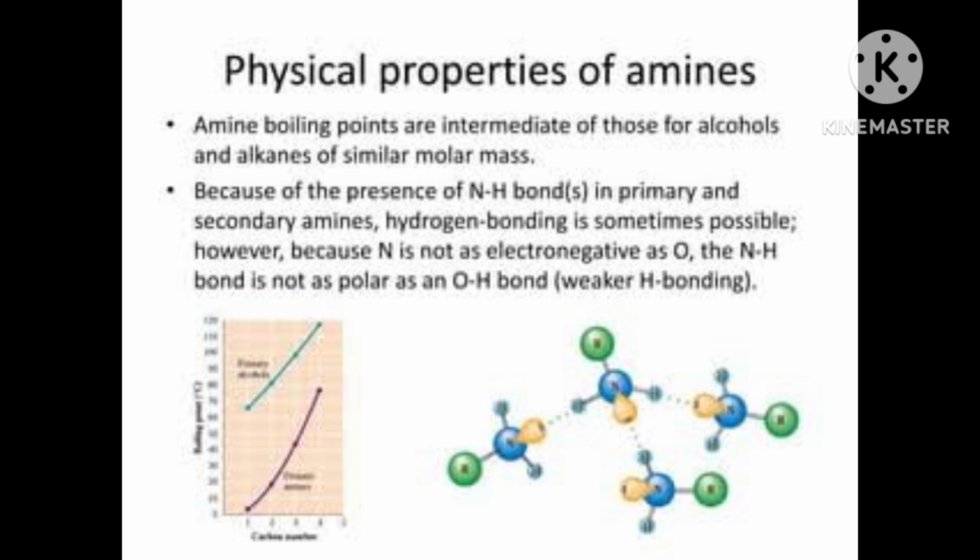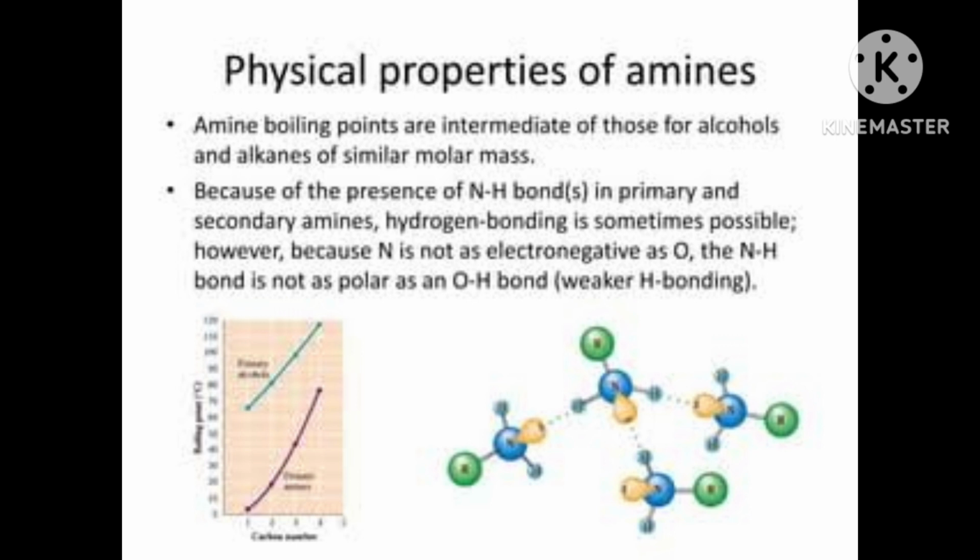The phenyl group has 6 carbons, but you got this from 7 carbons. This compound contains 6 carbon atoms.